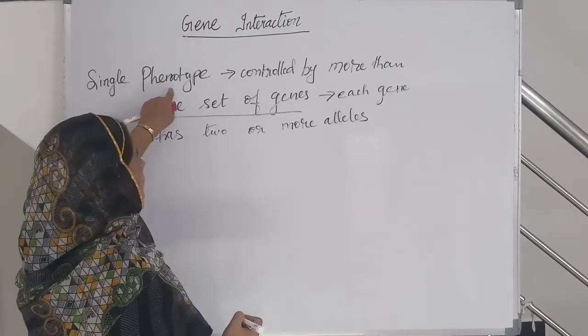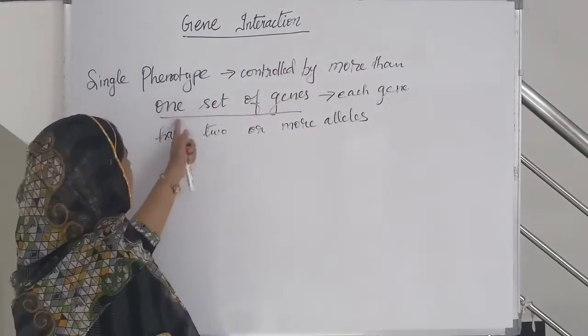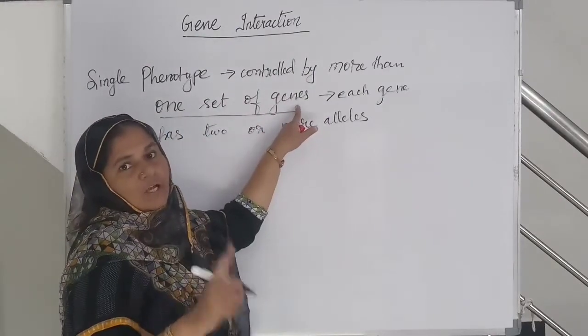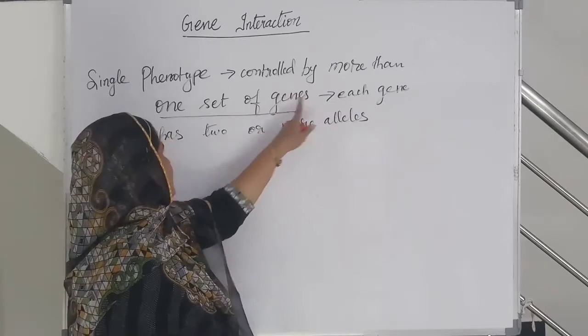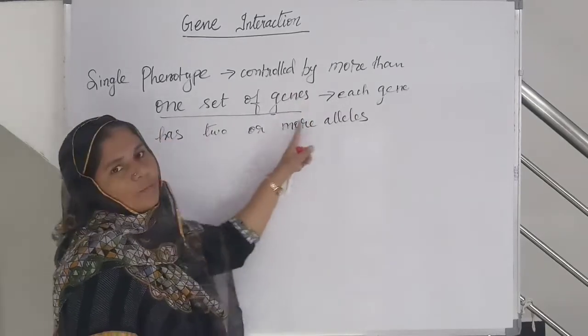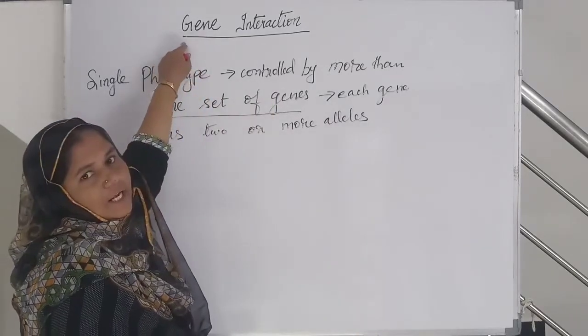Very important: more than one set of genes. The single phenotype of a plant is controlled by more than one set of genes, not one gene. Each gene in this set has two or more alleles. That is called gene interaction.